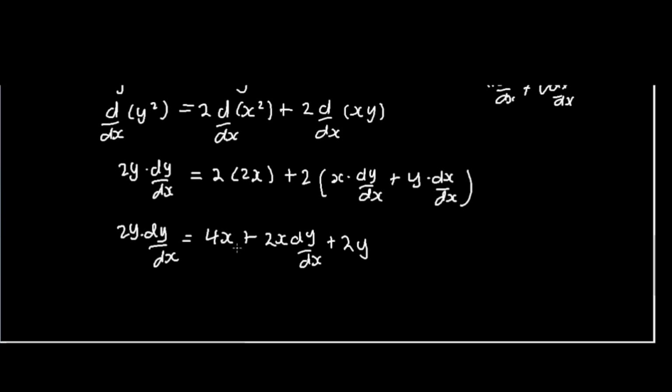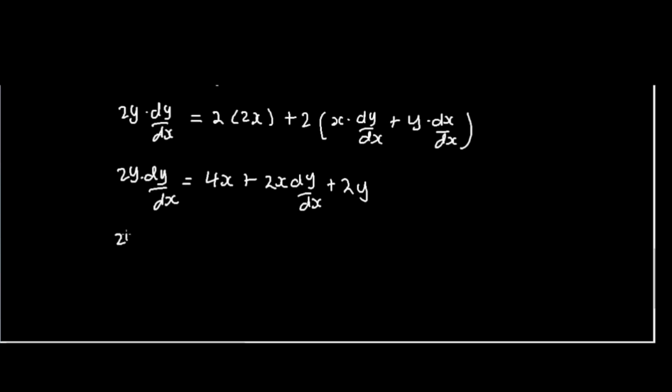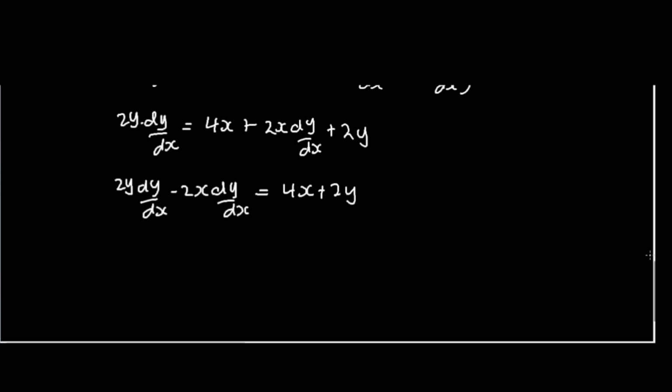From that we can collect like terms, and on collecting like terms we shall have 2y dy/dx minus 2x dy/dx being equal to 4x plus 2y. Then after that we can factorize out dy/dx here, and we shall have 2y minus 2x, of dy/dx, being equal to 4x plus 2y, divided by... or we can first leave that out.